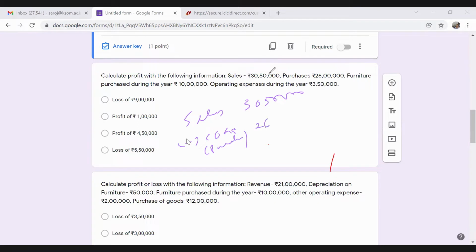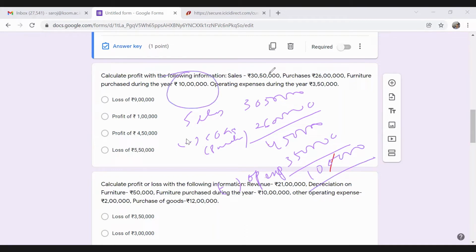26 lakh. 4,50,000, minus operating expenses, 3,50,000. Income statement is a revenue expenses and income statement. 1 lakh. Capital assets are not taken into consideration. So purchase of furniture will not appear anywhere.